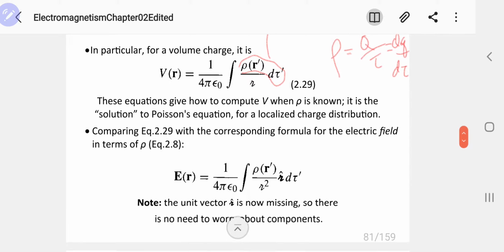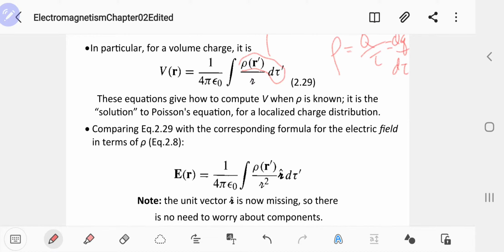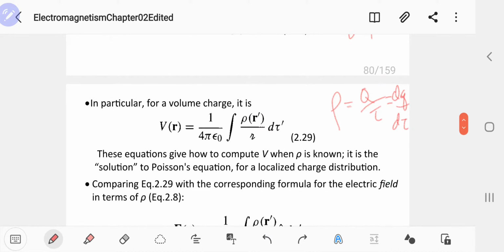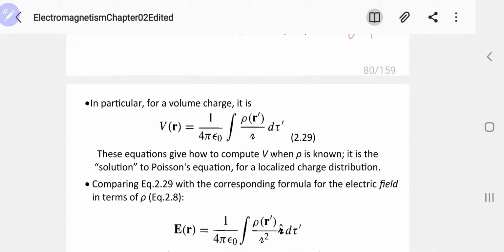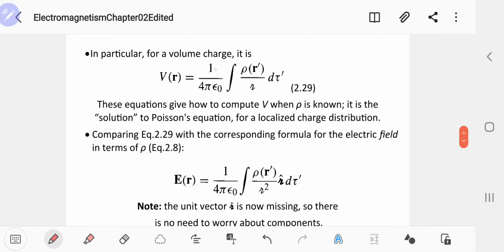If you go back to the electric field and compare the electric potential and the electric field expression, you will see that you have this factor here.